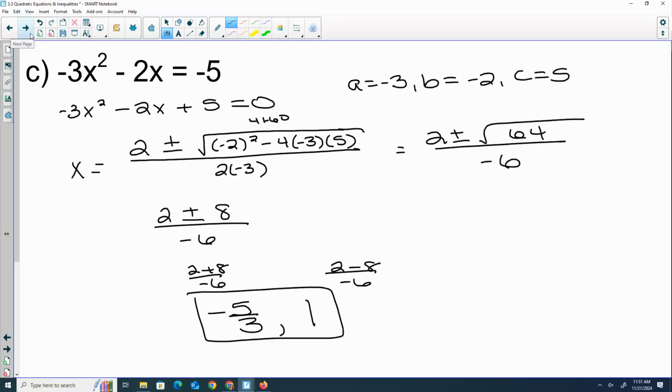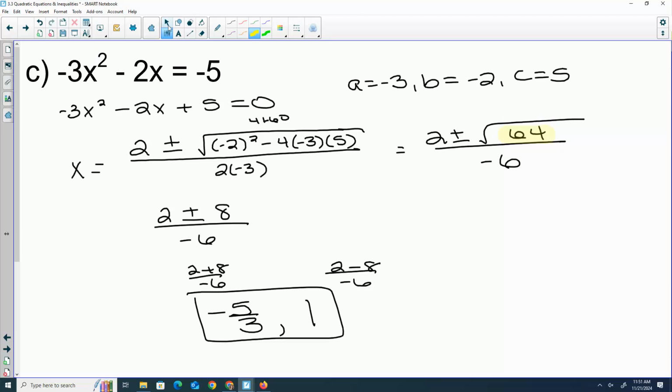So, let me ask a question. How do we know if we get real or imaginary numbers? What determines that? If we end up with a negative under the square root, we get imaginaries. Otherwise, we get real answers.